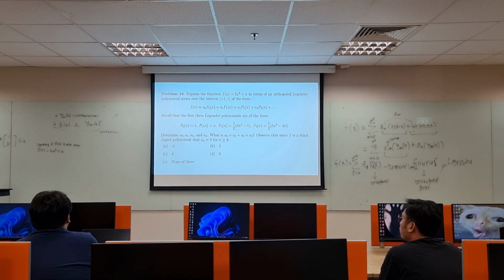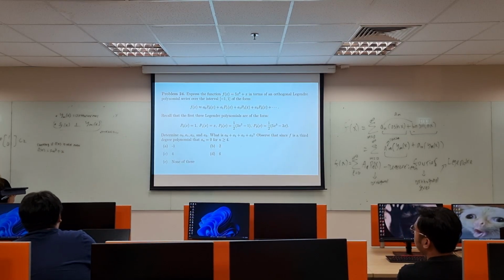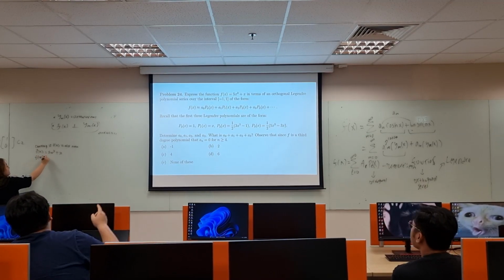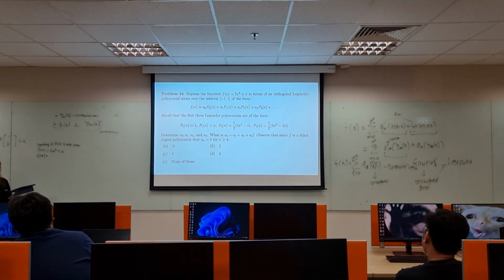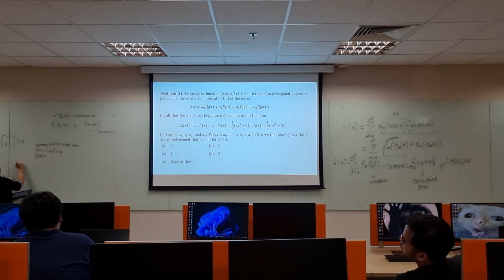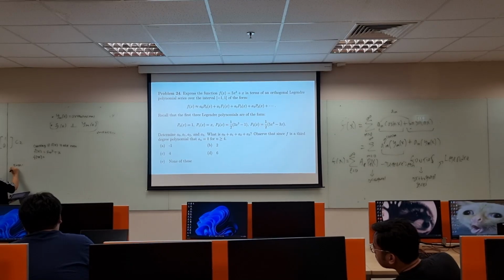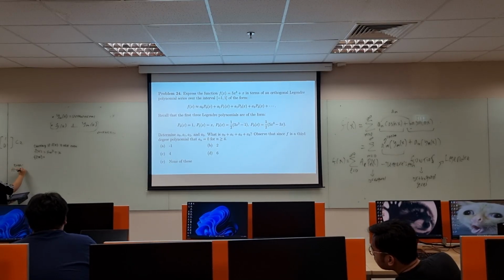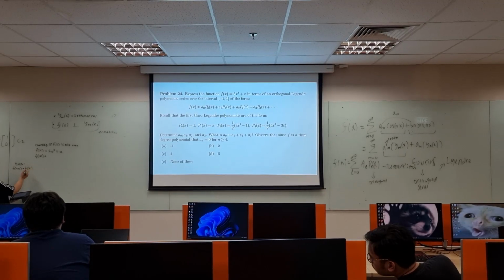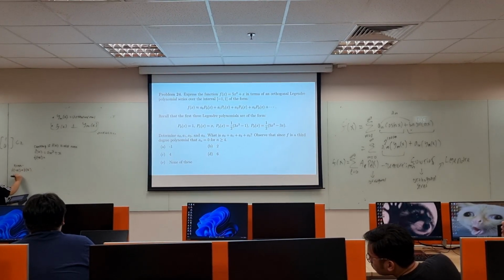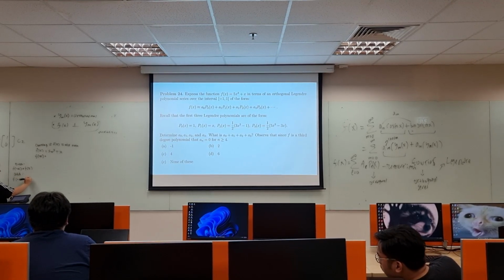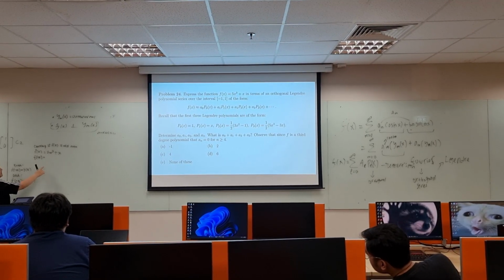To check easily, we can compare the values of fx with f of negative x. If it's an even function, then f of negative x will be in the form of positive fx. But if it's odd, f of negative x will be the negative of the function.